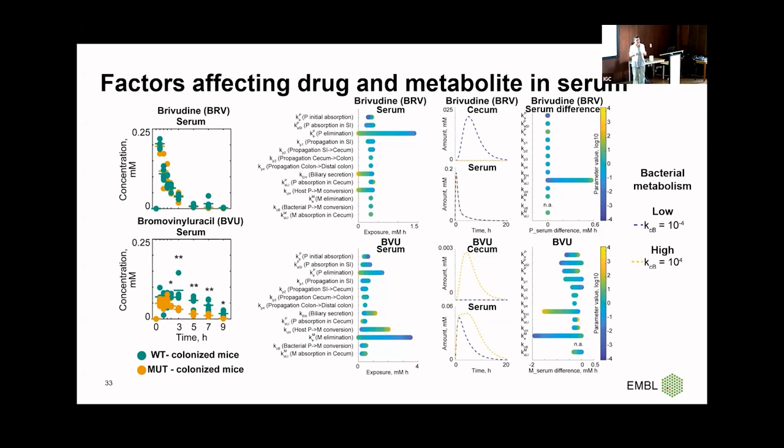So in this case, the drug itself was not absorbed from the large intestine, but the modified drug metabolite was actually absorbed from the large intestine, and that's why we saw these differences in the BVU profile, with the delayed concentration of BVU in the mice colonized with microbiota that was performing the metabolic function.